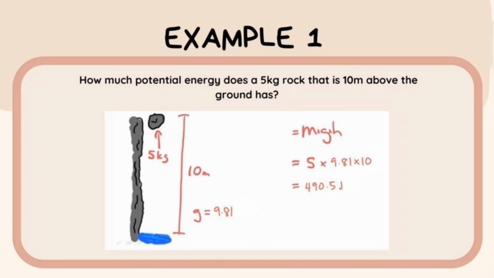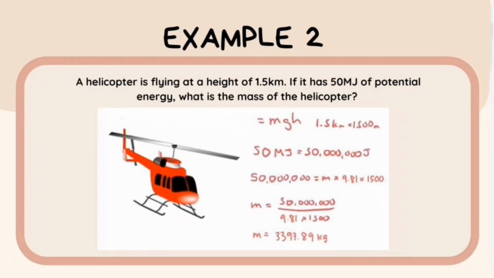We already know the gravitational acceleration is 9.81 meters per second squared. So just put all the information given into the formula. m multiplied by g multiplied by h. m is 5 multiplied by 9.81 multiplied by 10. So the potential energy for this question is 490.5 joules.